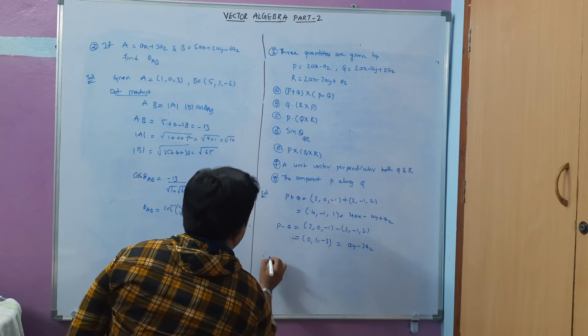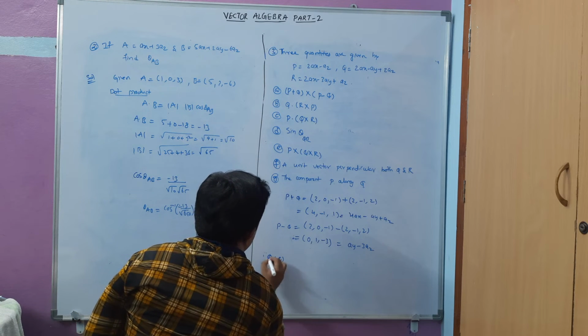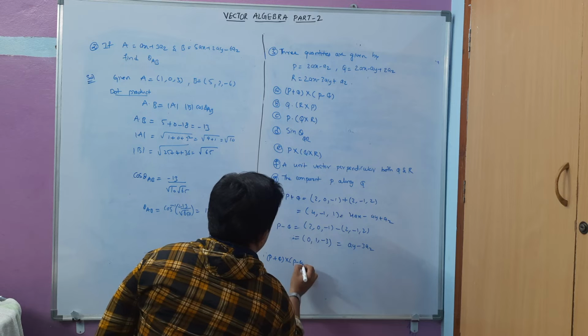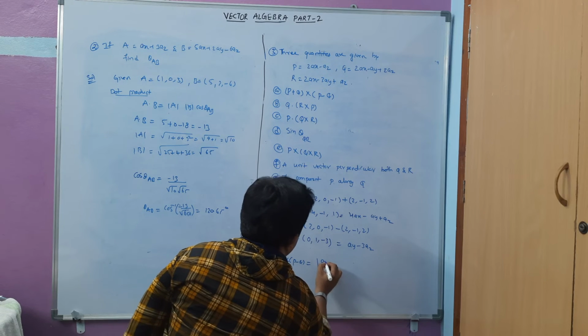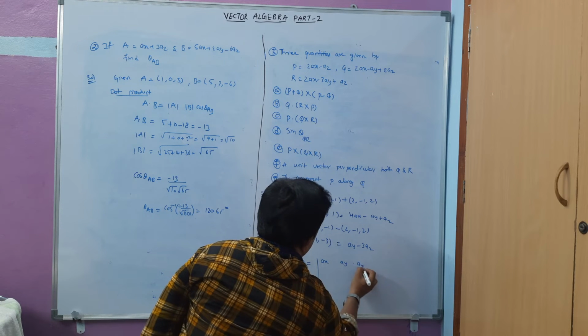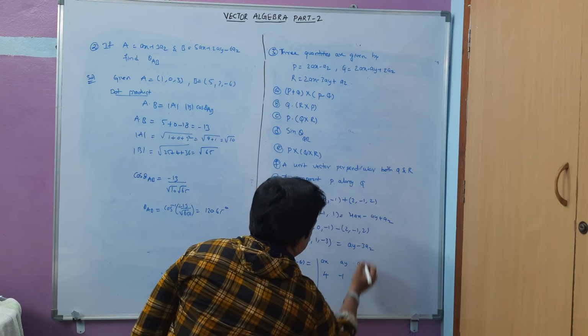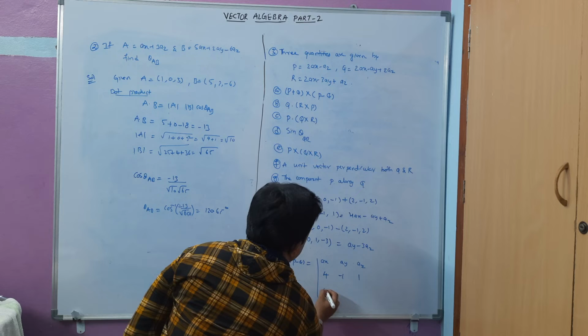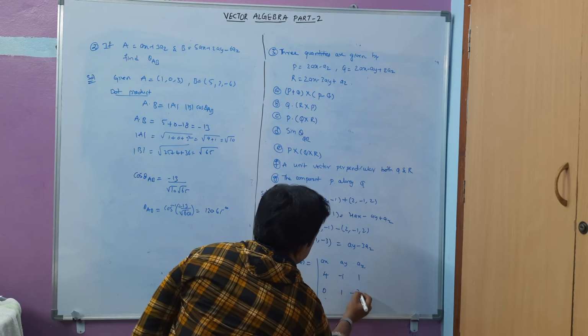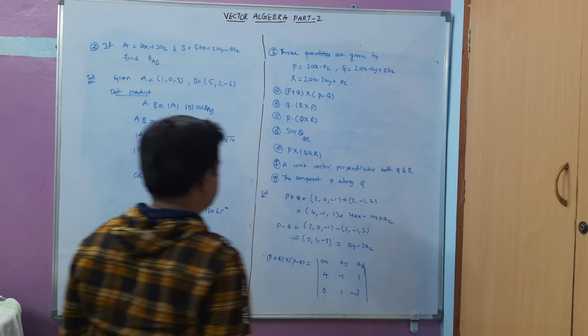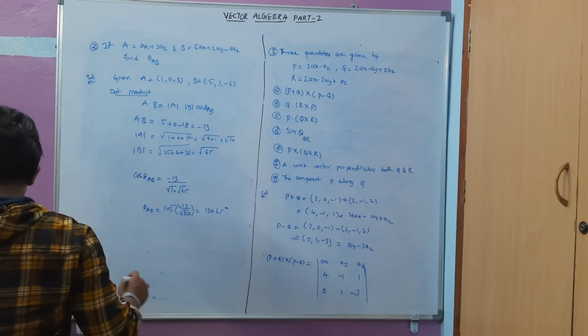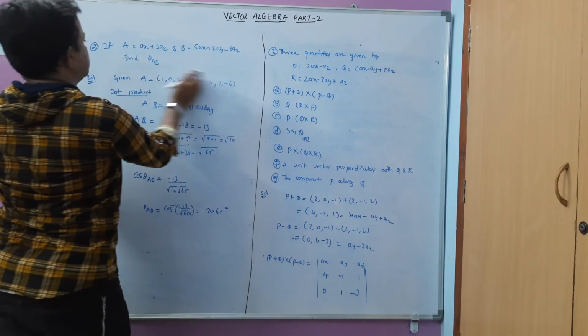Now P plus Q cross P minus Q will be equal to the determinant of ax ay az, 4 minus 1 1, 0 1 minus 3. You have to take the determinant here in order to get the solution. I will do it here.